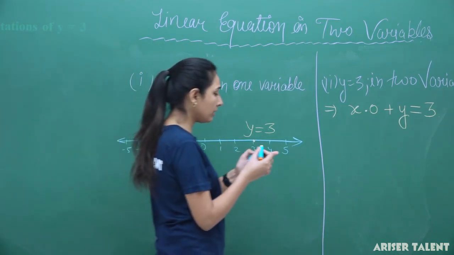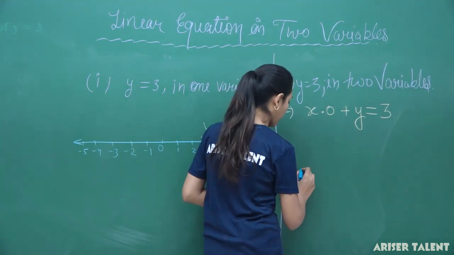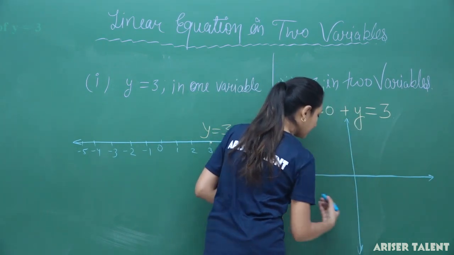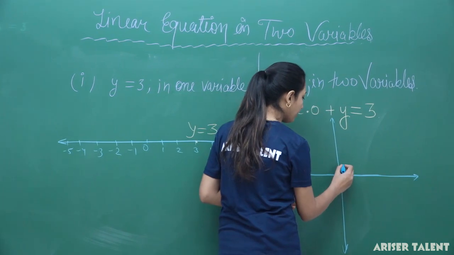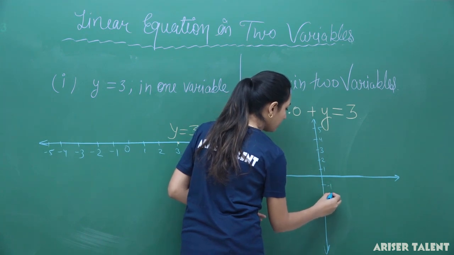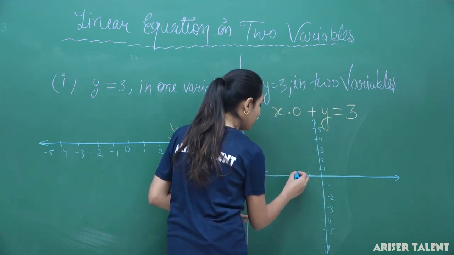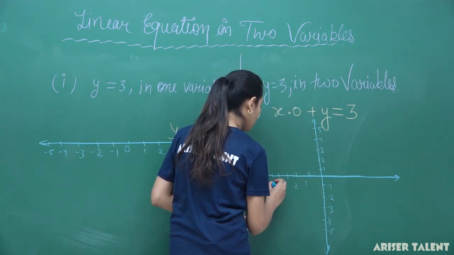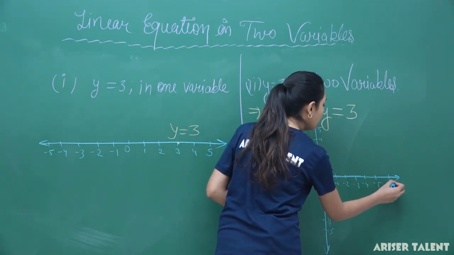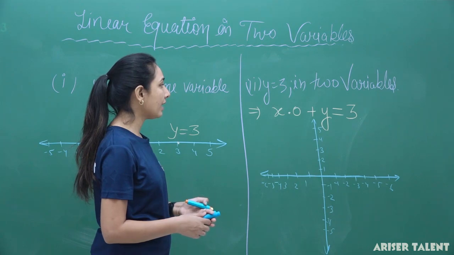Now for the two variable case, how will I draw the graph?